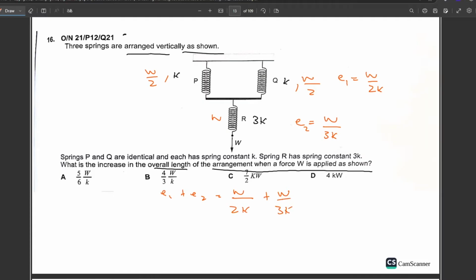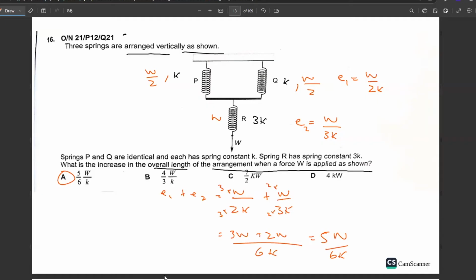Let's take an LCM. Multiplied by 3, multiplied by 3, multiplied by 2, multiplied by 2. 3W plus 2W over 6K. It comes out to be what? 5W over 6K. A is your answer. So if we check, the answer for 13 is A, correct.